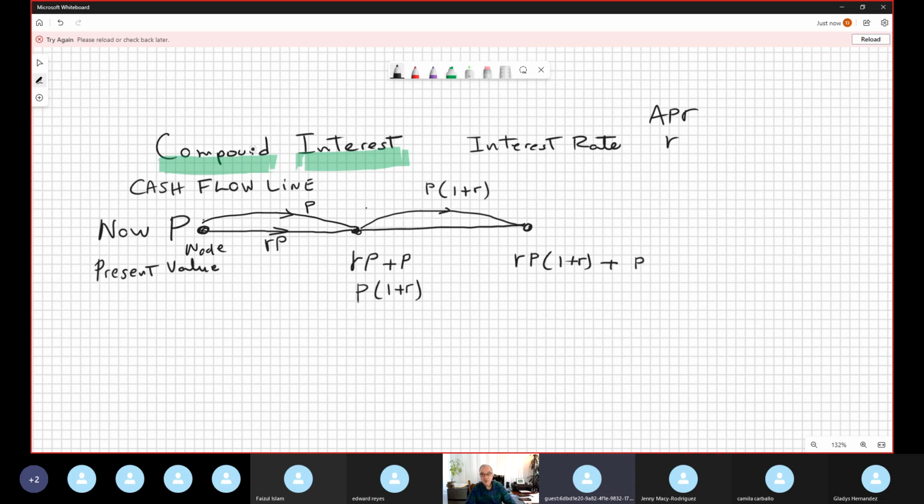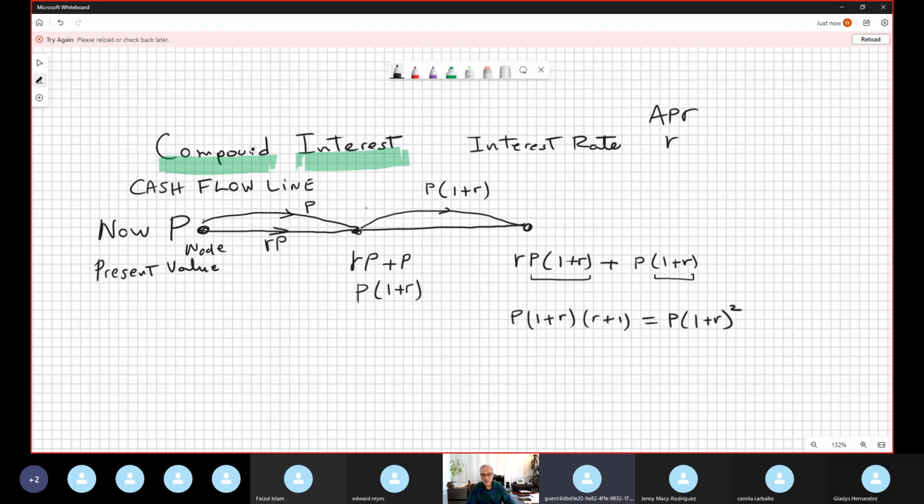Then there is a factorization: P(1 plus R) times (R plus 1). 1 plus R and R plus 1 are the same, so P(1 plus R) squared.